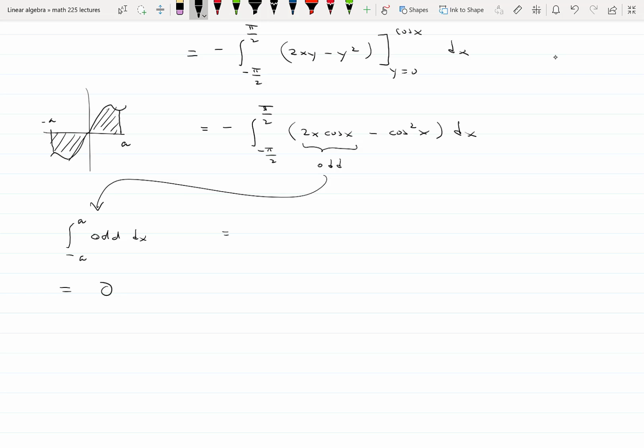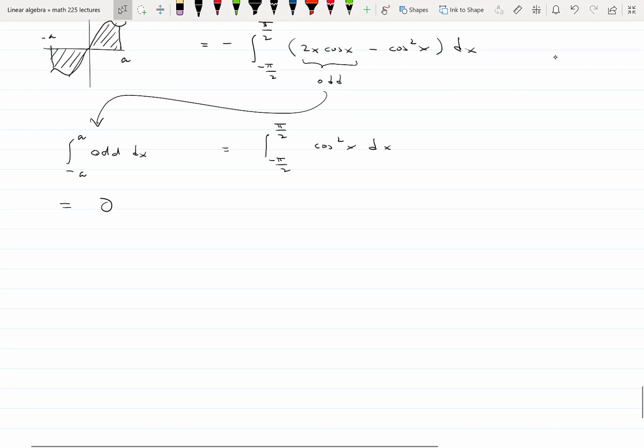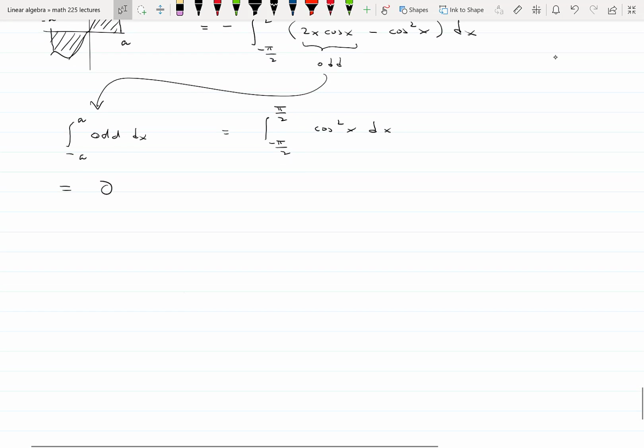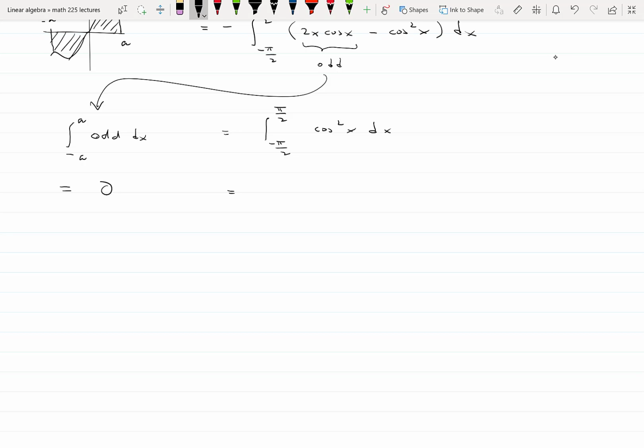So what we're left with is the integral from negative pi over 2 to pi over 2 of cosine squared x. Okay, now cosine squared x is even, so we don't get such a luxury. There's a formula for simplifying the even functions a little bit, but I'll avoid it.